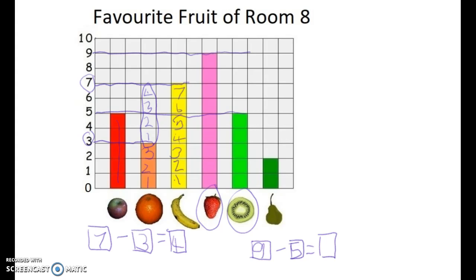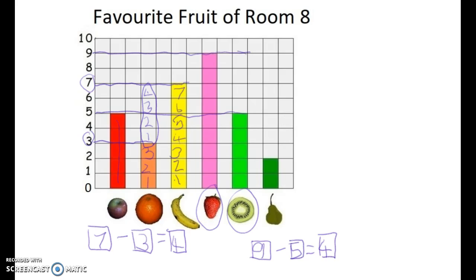What's the answer? The answer is 4. And you can check that just to make sure by using the other method, which is to count the squares between the tops of each of the bars that you're measuring.